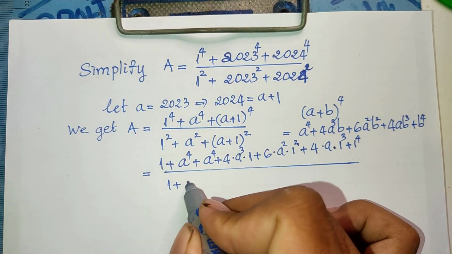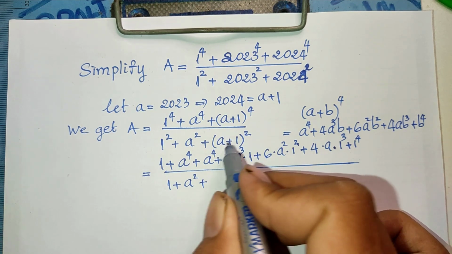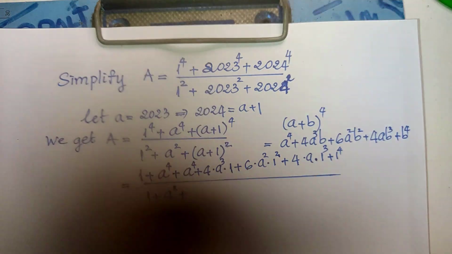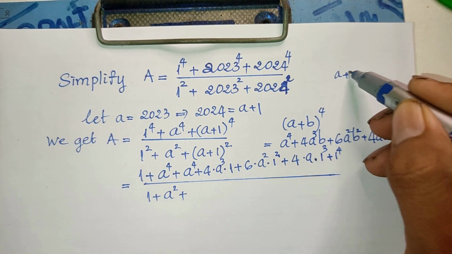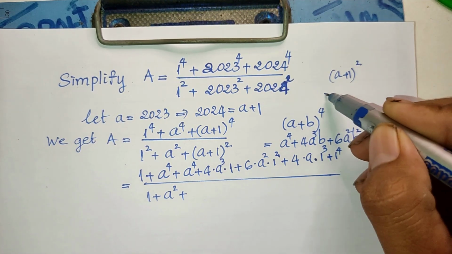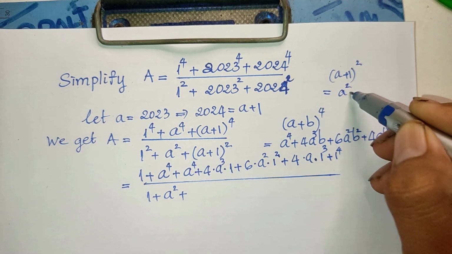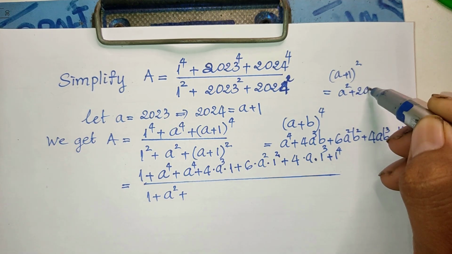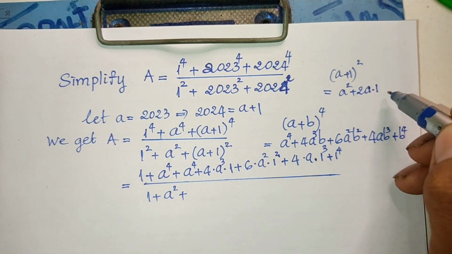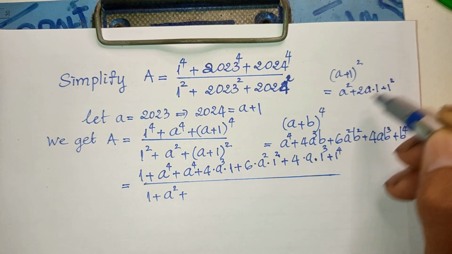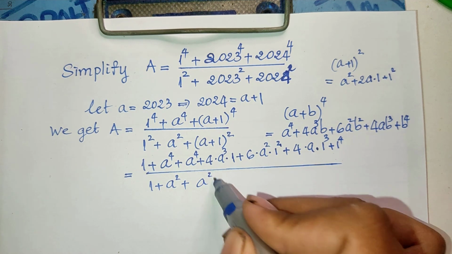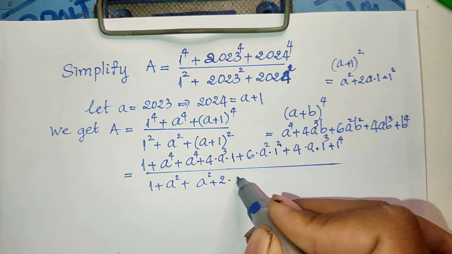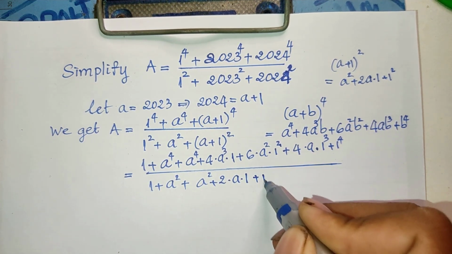1 plus a squared plus, here we use the rule that (a plus 1) all squared is equal to a squared plus 2 times a times 1 plus 1 squared. So it equals a squared plus 2a plus 1.